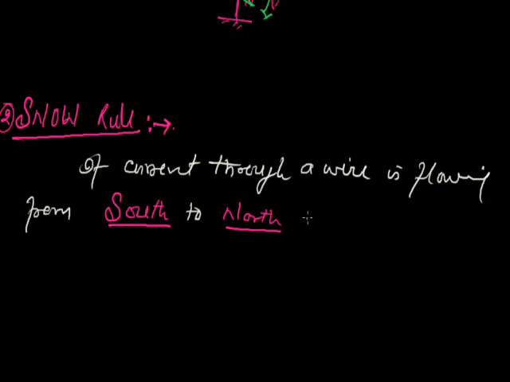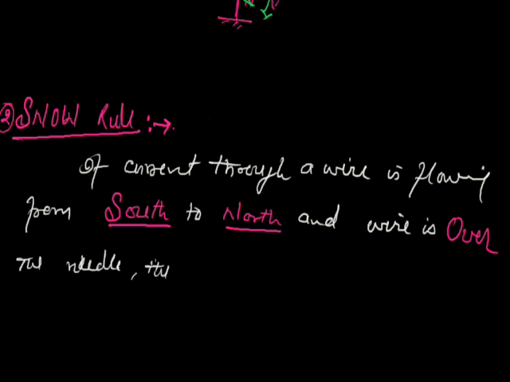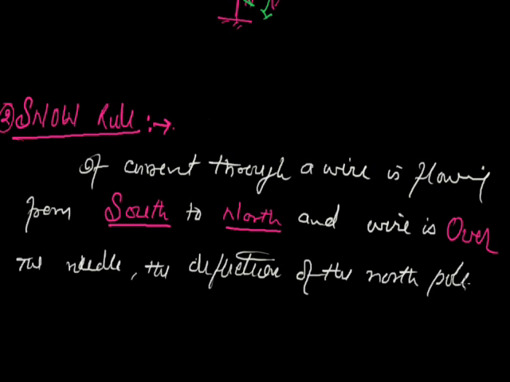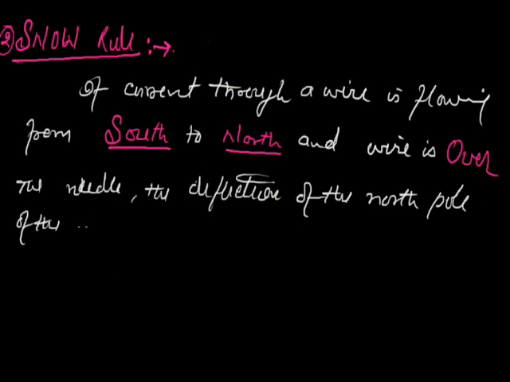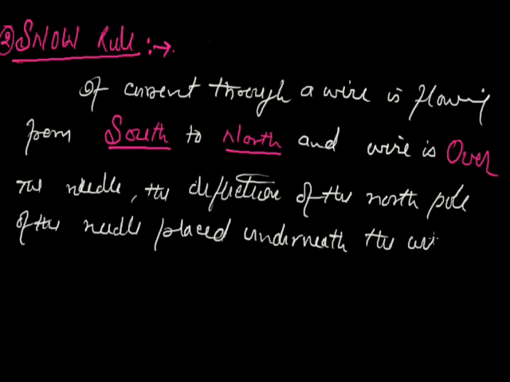Now south to north and the wire is over the needle, then the deflection of the north pole of the needle placed underneath the wire will be towards west.